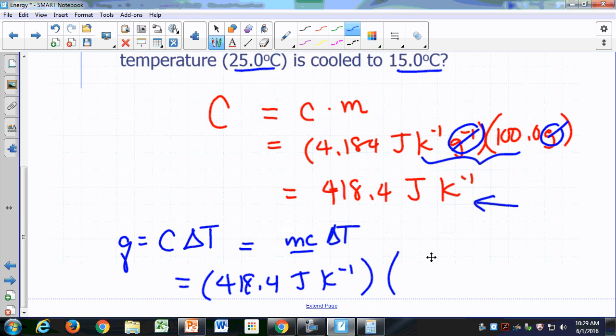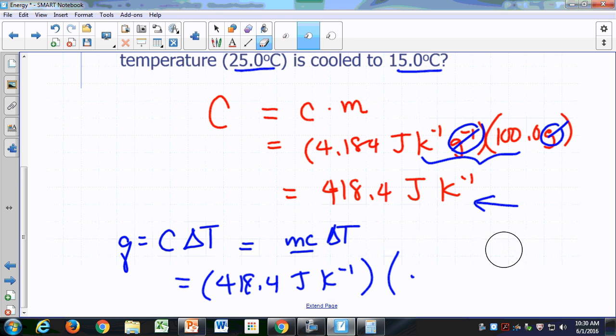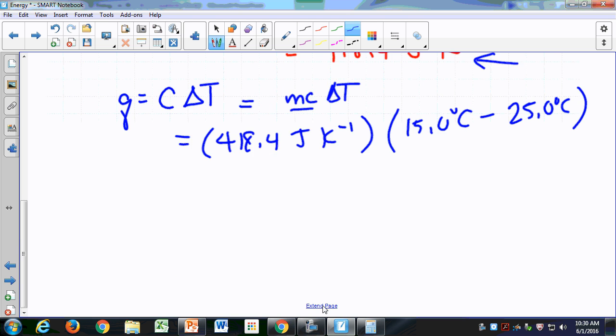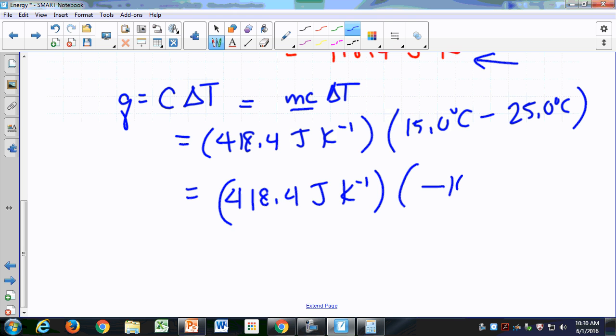So that's going to be 15.0 degrees Celsius minus 25.0 degrees Celsius. Okay, let's look at our answer here. It's 418.4 joules per Kelvin, and that's negative 10.0 degrees Celsius.